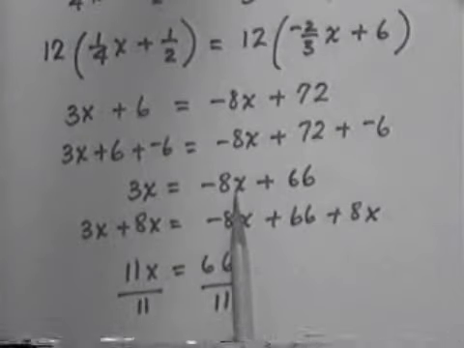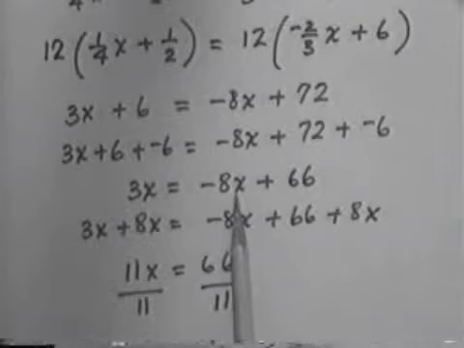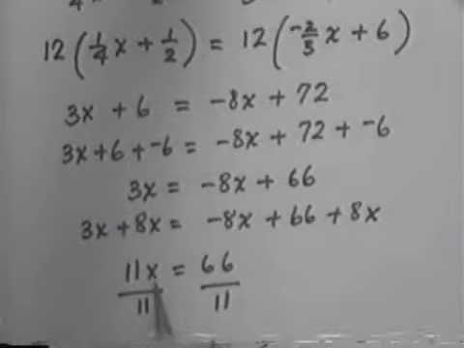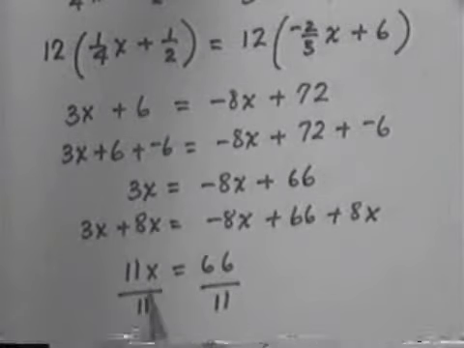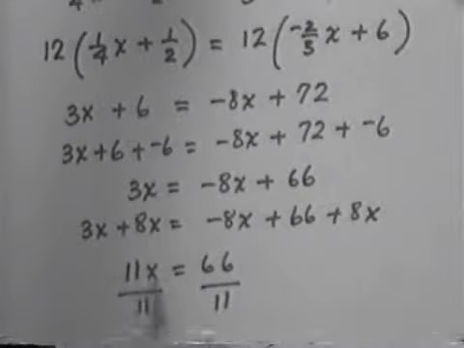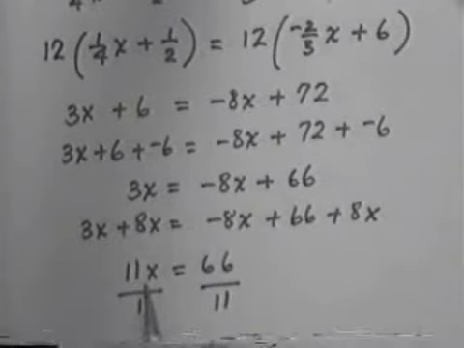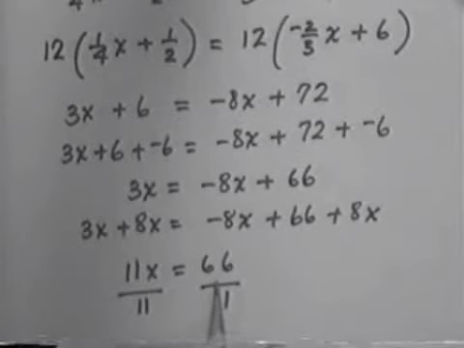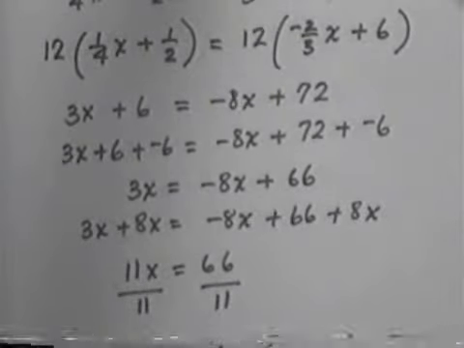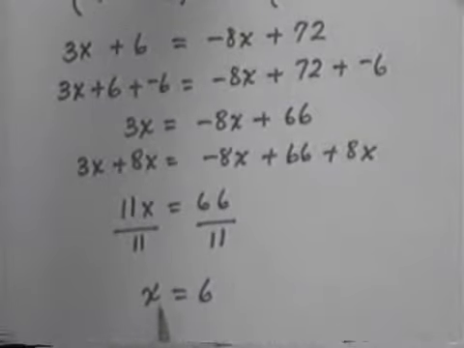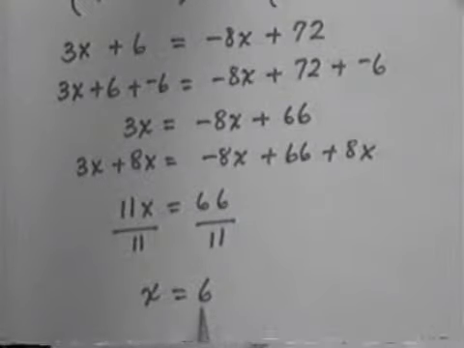We remove it by adding its opposite. When we get down to the last step, notice that we have only variables on the left, only constants on the right. There's no extra term on either side. It's just variable term on the left, constant term on the right, and so our final step is to divide by the coefficient, and that gives us our result. Variable equals constant.